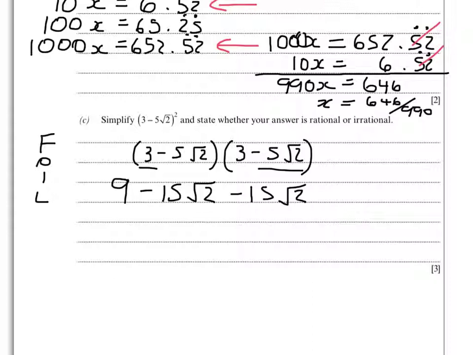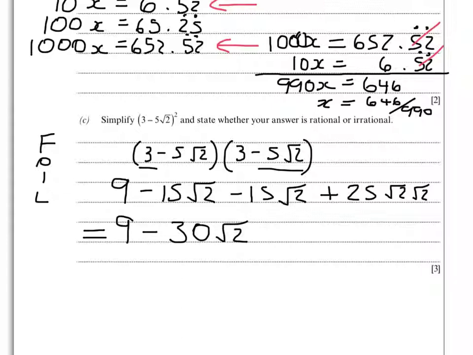Now I know the minus times a minus will give me a plus. My 5 times 5 will give me 25. And then what I'm going to do is I'm just going to write my root 2 and my root 2 next door to each other. Now as I'm going through my answer, I've got 9. I've got minus the 15. Minus a 15 is minus 30 root 2.